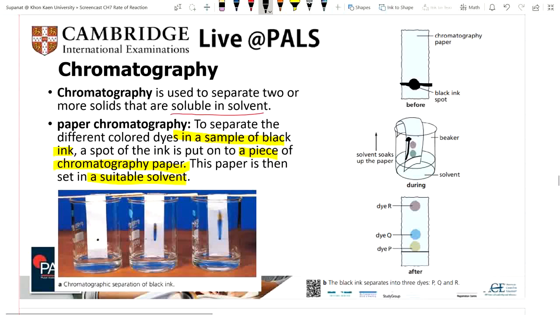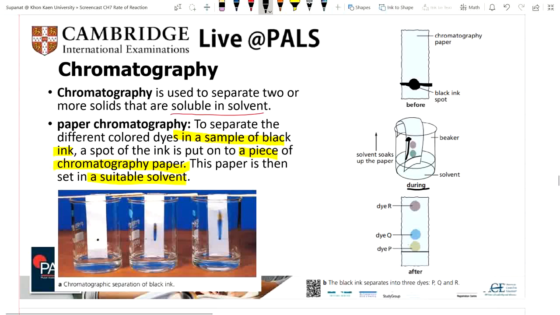The chromatography paper is soaked up by the solvent, and it leads the mixture of the black ink to separate, during the time the solvent is soaking up the paper.